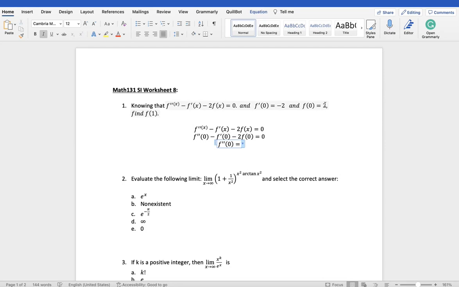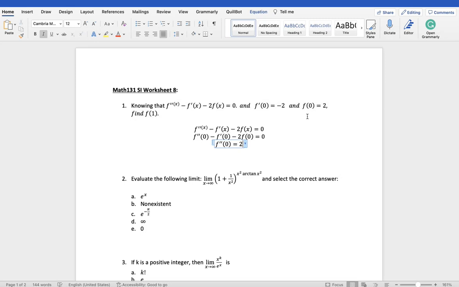F of 0 is 2, so you have 2 minus 4, which is minus 2. Then when it goes to the right-hand side, it becomes 2. So f double prime of 0 is 2, right?